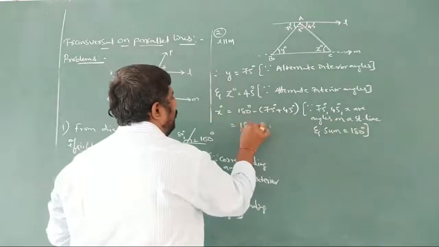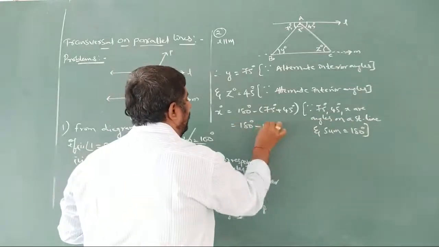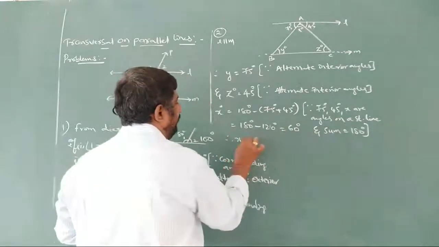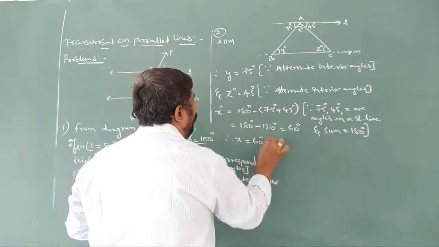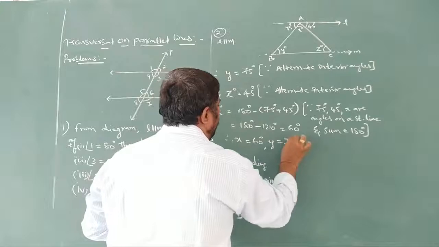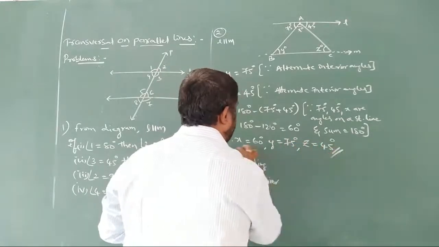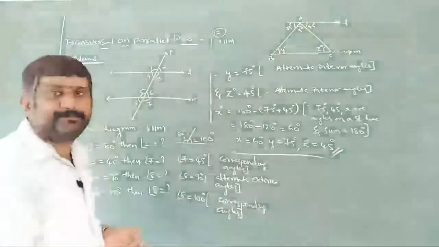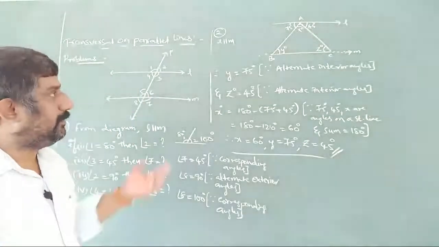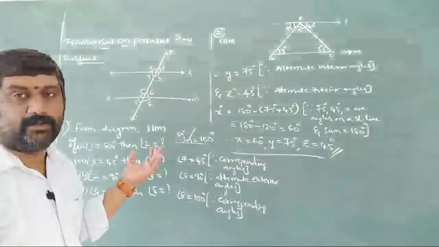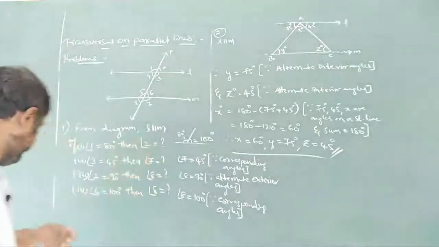So 180 minus 120 is nothing but 60 degrees. So therefore X is equal to 60, Y is equal to 75 and Z is equal to 45. So like this we can find the X value, Y value, Z value according to the given problem.